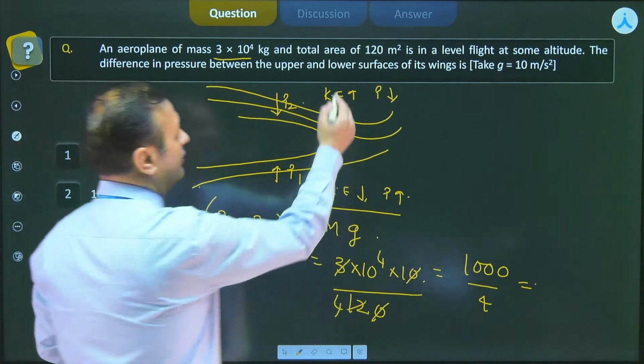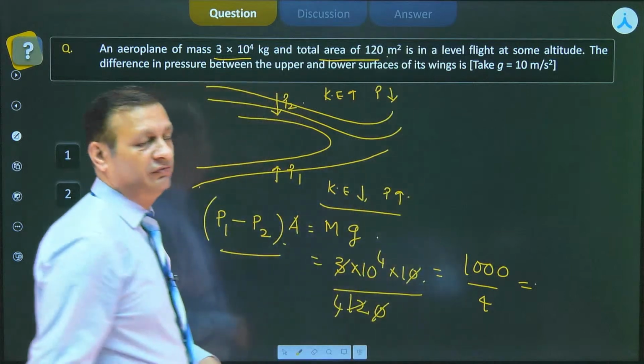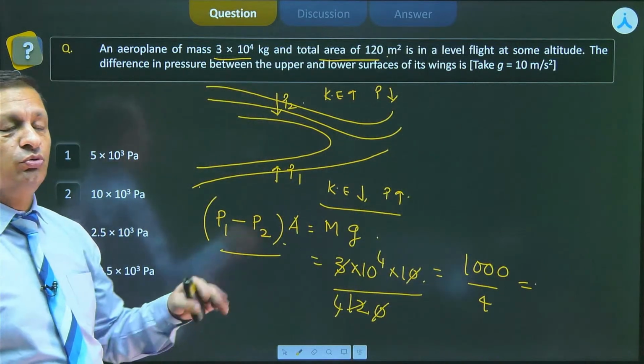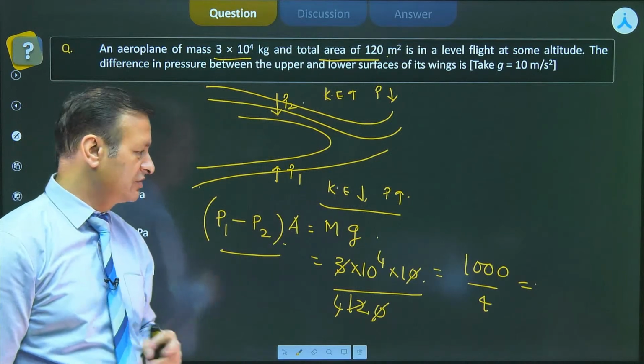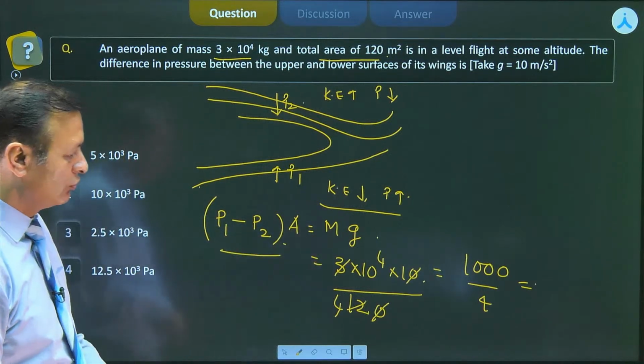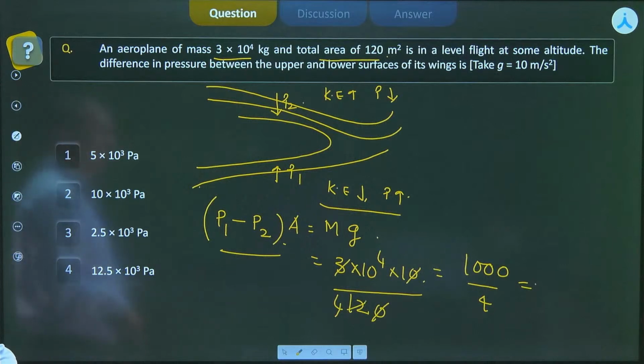the total area. Now there is one point to be noted. If this area is given to you for one wing, then you need to multiply it by a factor of 2 because the plane has 2 wings. So this is the calculation part, and that will help you to solve this. This is mg, pressure difference, and meter square.